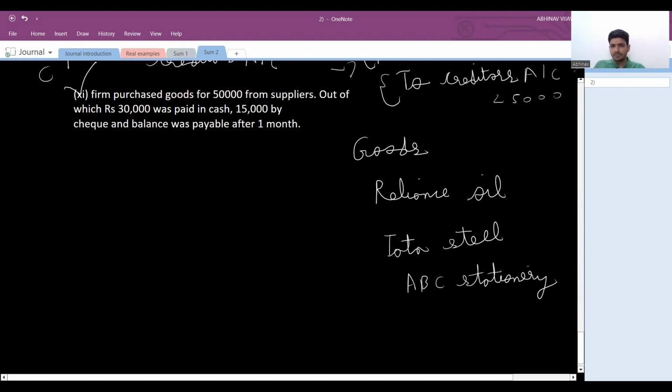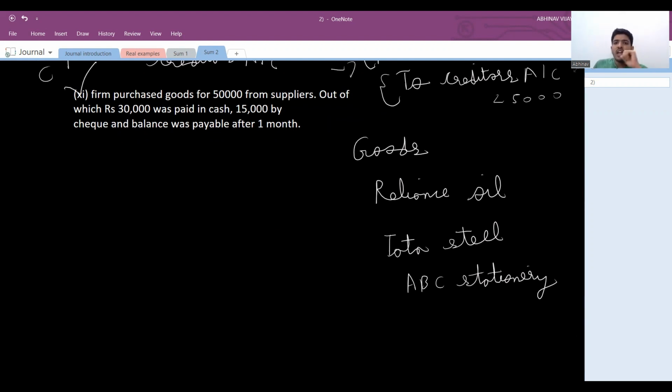Now, in this case, for Reliance Oil, what does it do? It buys oil at a cheaper rate, sells at a higher rate. Tata Steel, for now, for basic hypothetical understanding, you understand like this. Tata Steel buys steel at a cheaper rate, sells it at a higher rate. ABC Stationery, they buy it at a cheaper rate and they sell it at a higher rate. These are fully hypothetical cases, okay?